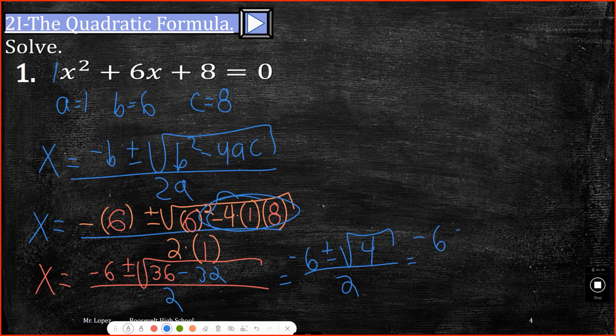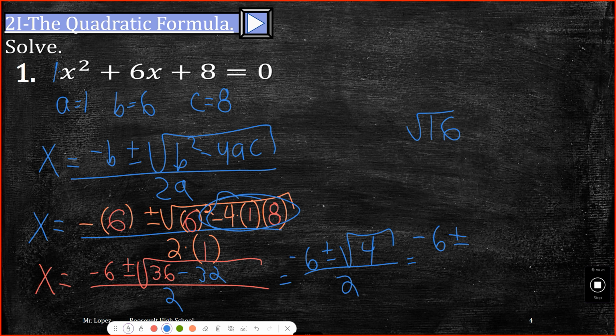Negative 6 plus or minus... Another mistake people make. The square root of 16, you know what people do? Square root of 16.